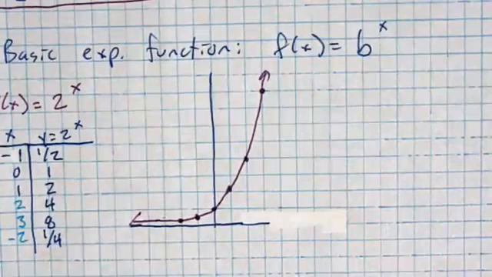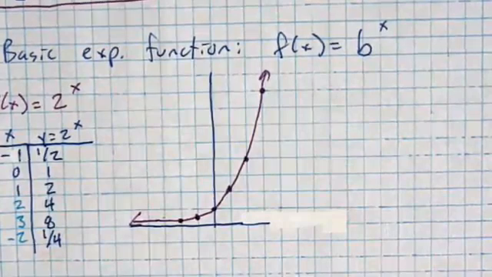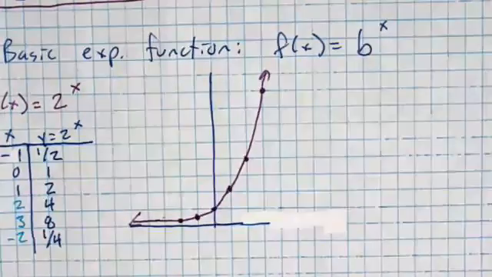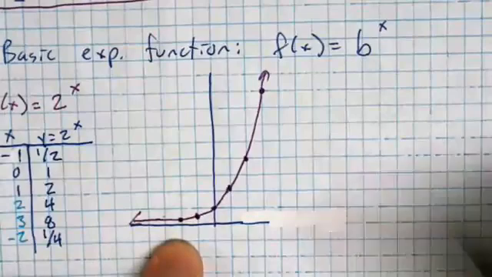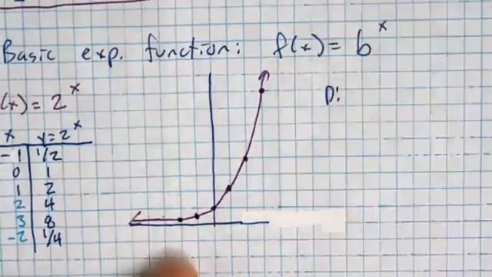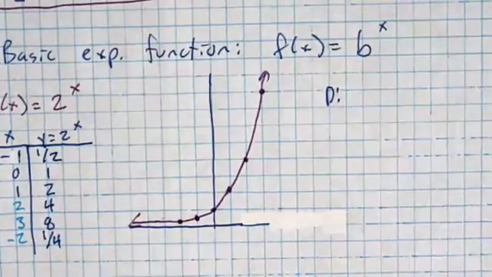Let's do our super fun analysis thing that we did from chapter 1 and just practice with that. So for this particular function, 2 to the x, the domain is all real numbers. We can put anything we want into an exponent.